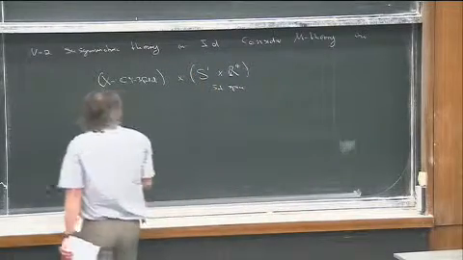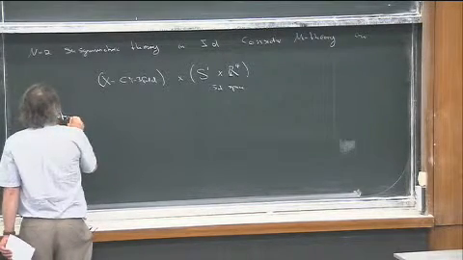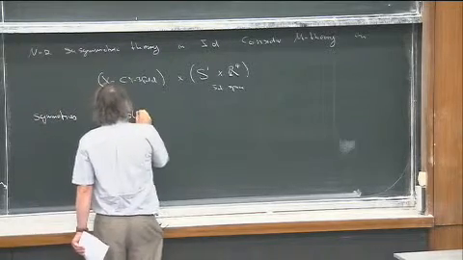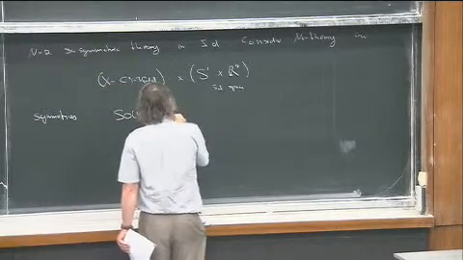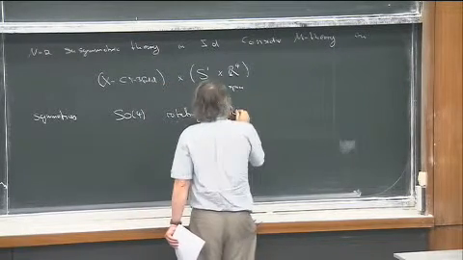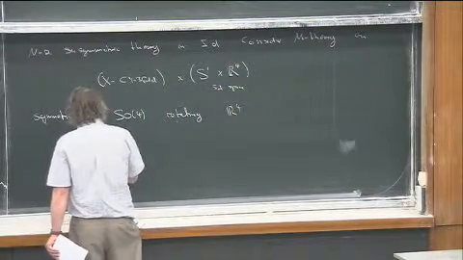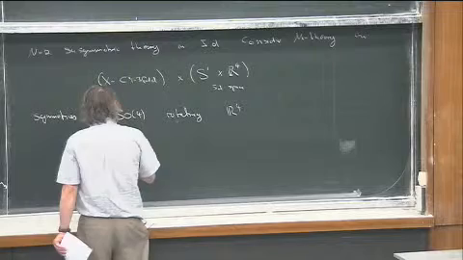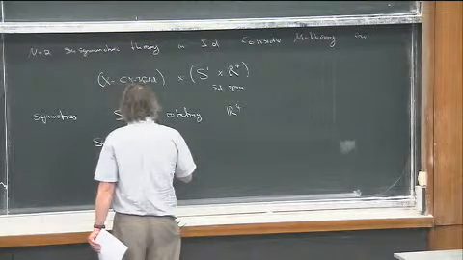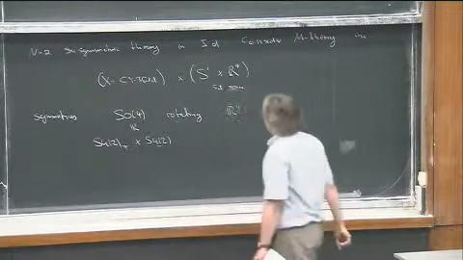And now you can worry about the symmetries of the theory, and there is of course SO4 rotating R4, and it's more convenient to denote this by 2 SU2s, plus and minus, which are essentially the same as this one.